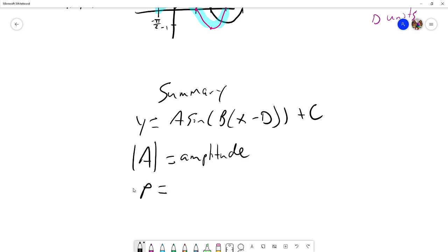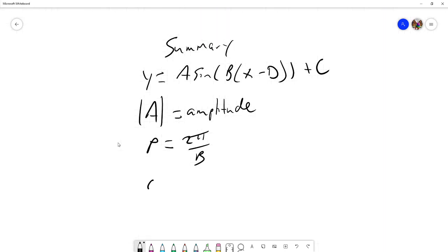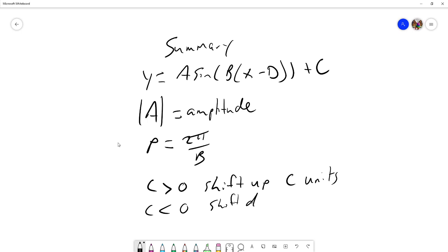The period is going to equal 2 pi divided by b. If c is positive, shift up c units. When c is negative, we shift down c units.